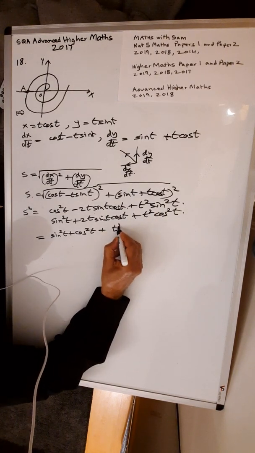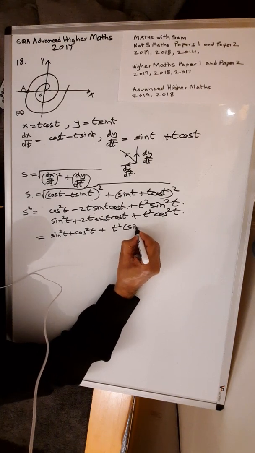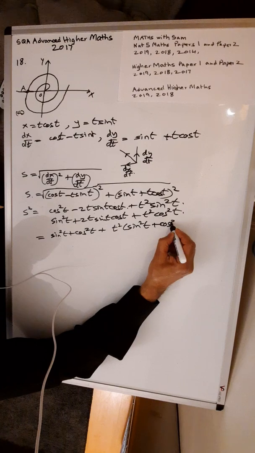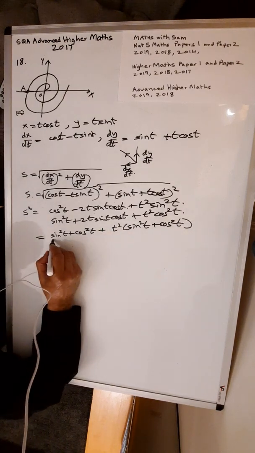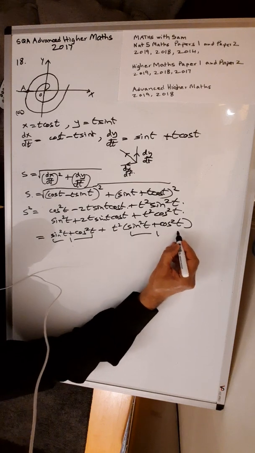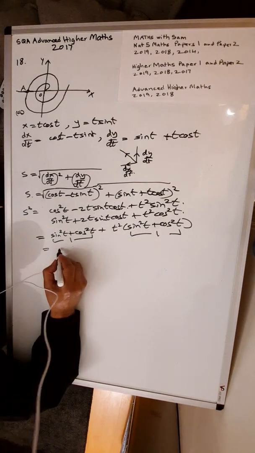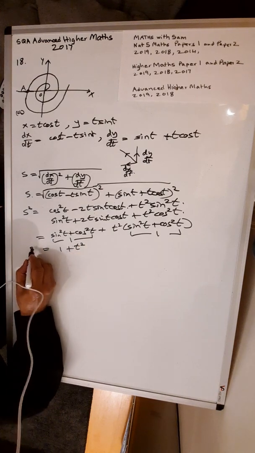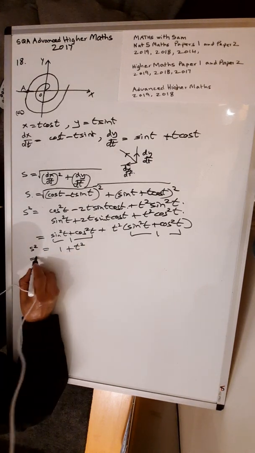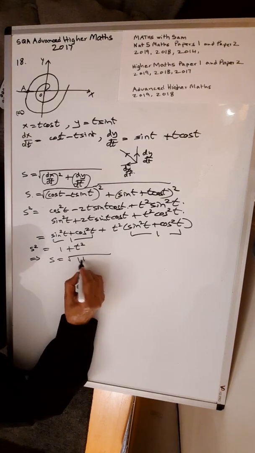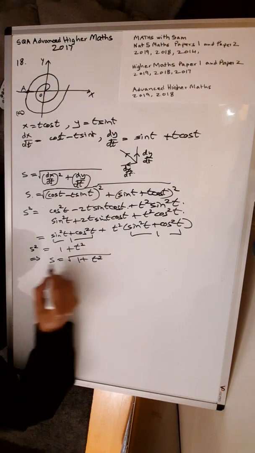You got t squared outside, sin squared t plus cos squared t. Sin squared t plus cos squared t is just 1, it's an identity you're meant to know. So that is equal to 1 plus t squared. So that's s squared, which means that the speed is the square root of 1 plus t squared.